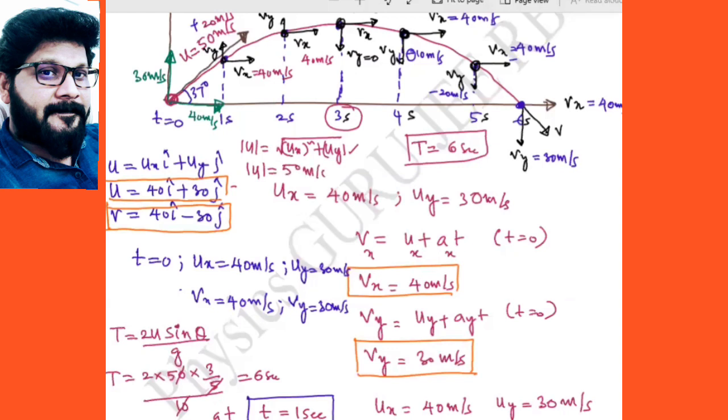Can you tell me the magnitude of final velocity? Anybody? Final velocity is under root of vx square plus vy square, with 40 whole square again, and the magnitude of v is again 50 meter per second. Hope this is clear.